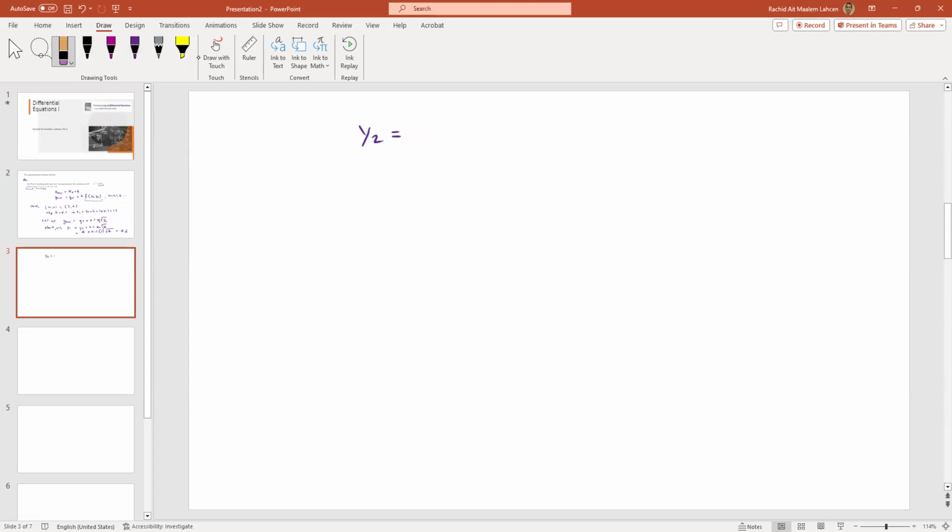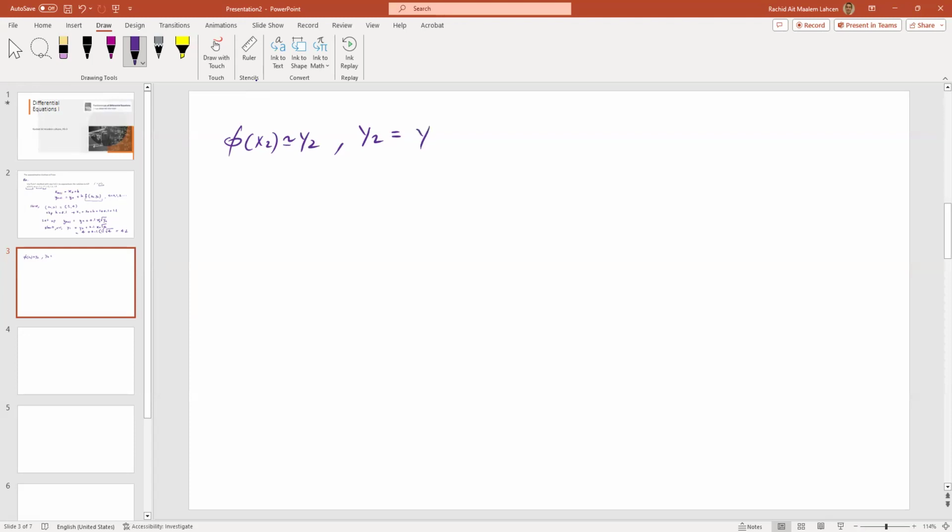Usually, in the equations, I would write y2, and then the approximation symbol when you round, because this is an approximation in this method.